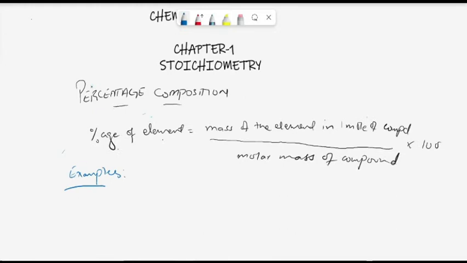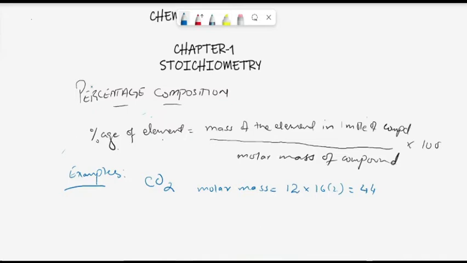So the first example is that of carbon dioxide. First we have to calculate the molar mass of carbon dioxide. Carbon is equal to 12 and we have two oxygens, so 16 multiplied by 2 is equal to 32, plus 12 is equal to 44.